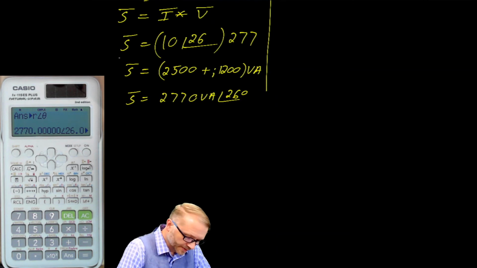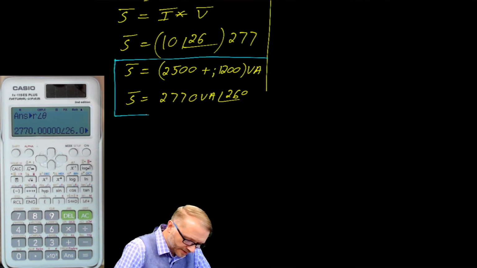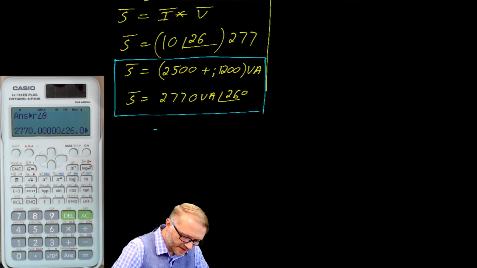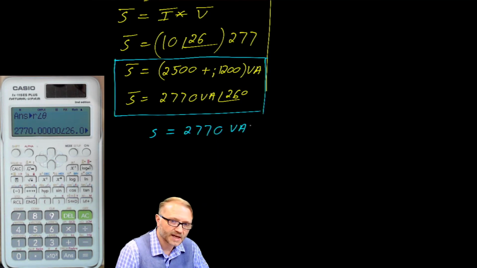This is where we get really fussy with our terms. This is complex power. It is a vector. It has a hat. This is a scalar for complex power, 2770 volt amps, but it doesn't have a direction.